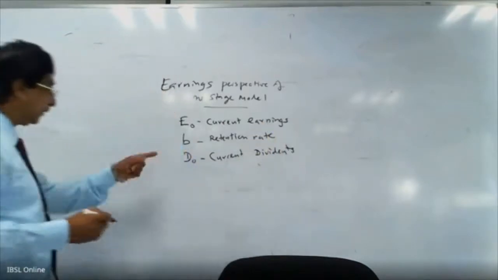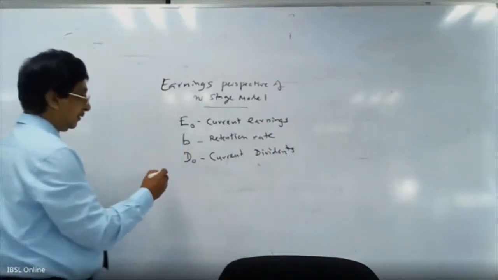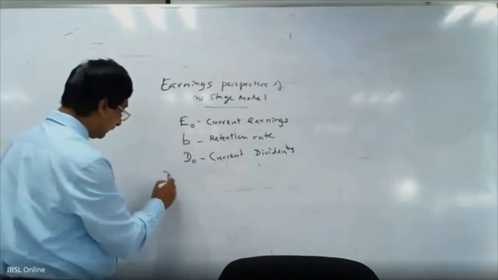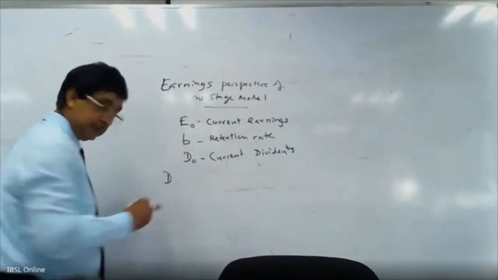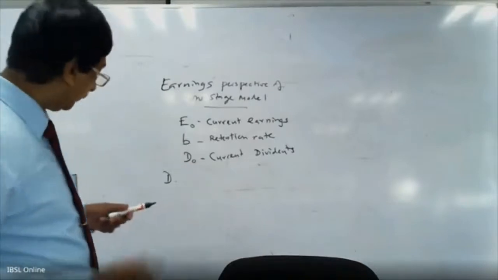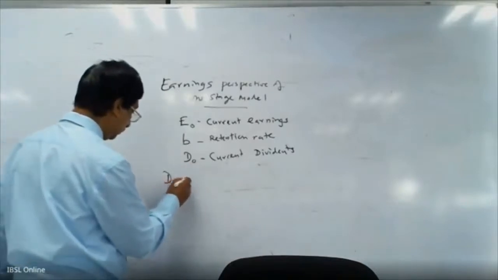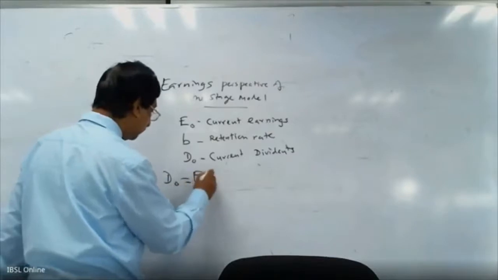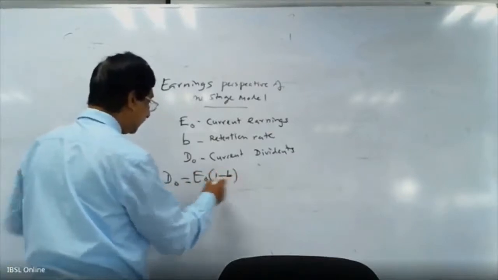With that, we can establish this relationship: D0 is equal to E0 into 1 minus B.